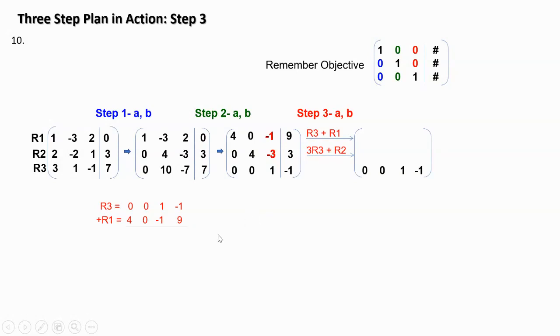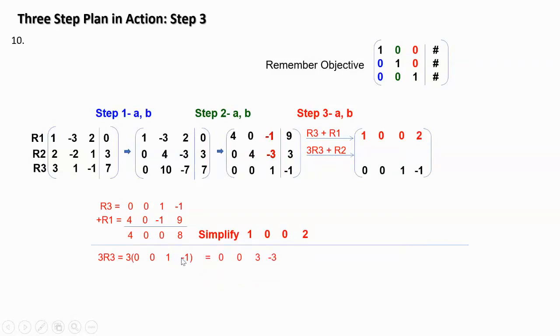And here's my work. Right, we just add them. So we get 4, 0, 0, 8. So this can also be simplified. We divide everything by 4, so it's going to be 1, 0, 0, 2. That's my new row 1. And 3 row 3, right? For the second part, 3 times row 3 will give us 0, 0, 3, -3 plus row 2, we just bring it over.